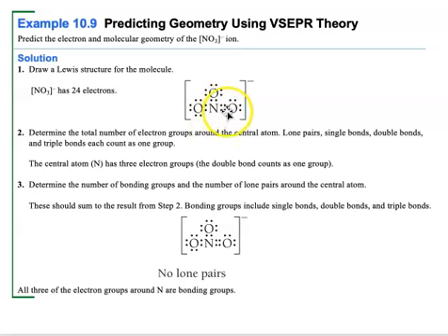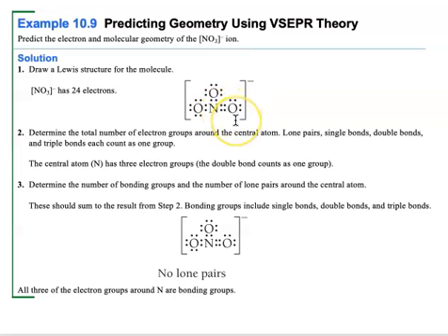And then to fully satisfy our nitrogen, as well as our oxygen, we're going to need an additional bonding pair between this nitrogen and this oxygen. So we're going to have 2 bonding pairs. This is going to leave us with a double bond.